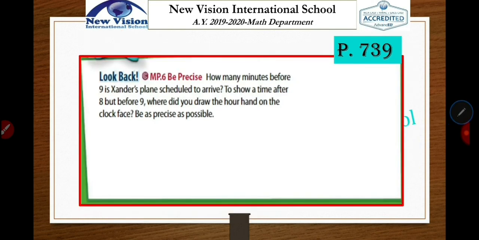Okay, now let's try the look back. Okay, we have how many minutes before 9 is Sander's plane scheduled to arrive? To show a time after 8, but before 9, where did you draw the hour hand on the clock face? Be as precise as possible.